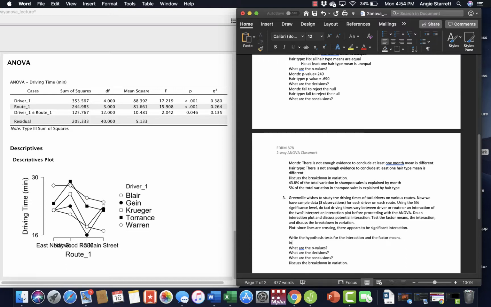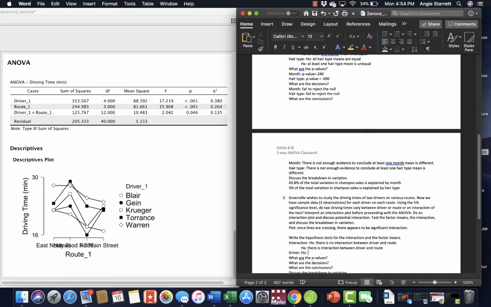So we've got the interaction, our null, there is no interaction between driver and route, and our alternative, there is interaction between driver and route. All right. We've got our factor mean of driver.